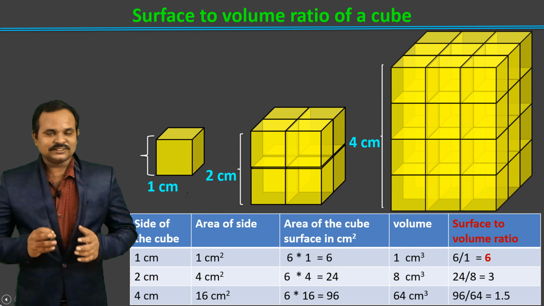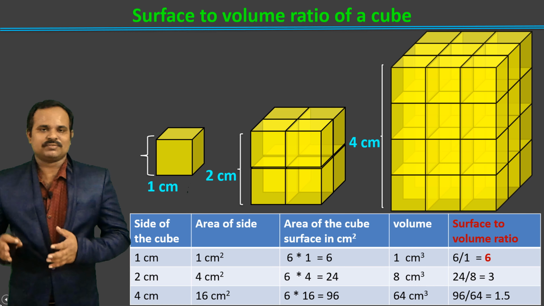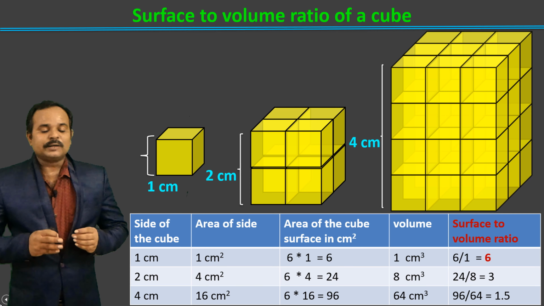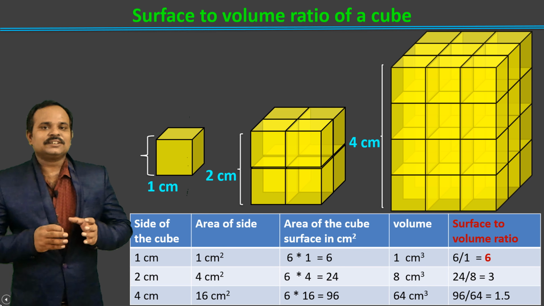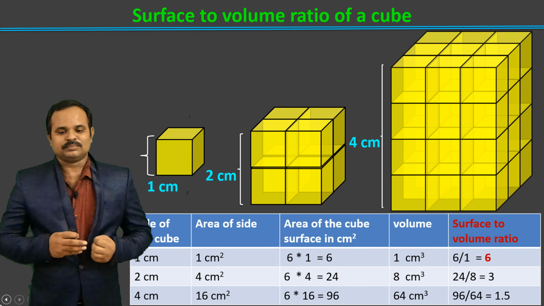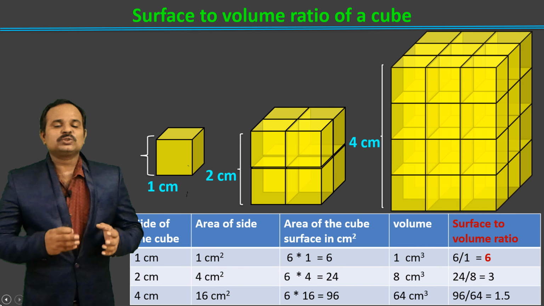That means you can clearly see when we have a large number of atoms, the cube is bigger, and the surface to volume ratio is only 1.5. That means a larger surface is available for a nanoparticle. You can see for the smaller cube, the surface to volume ratio is 6.